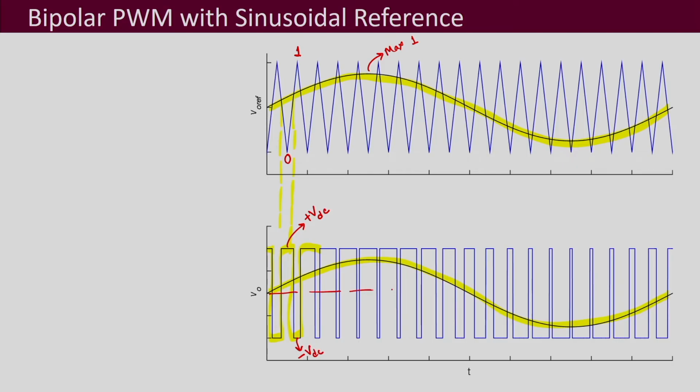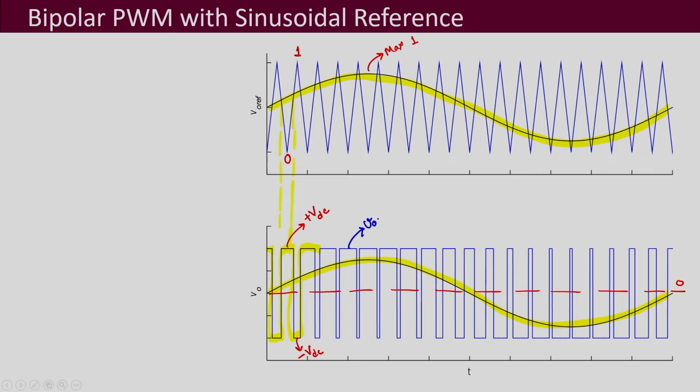So this is your 0 over here. It goes from plus VDC to minus VDC, and this waveform is actually the VO waveform, the actual output voltage which you will see on the oscilloscope, the instantaneous voltage waveform.